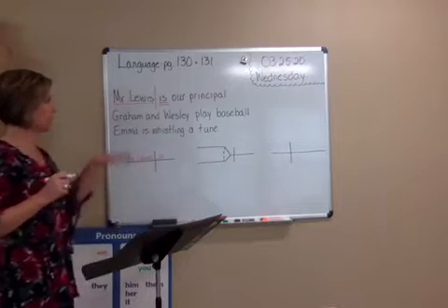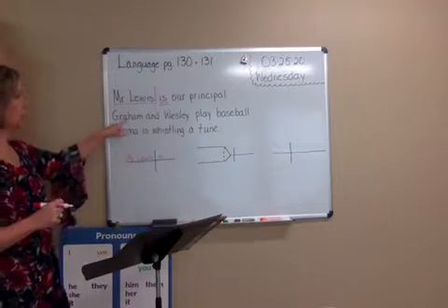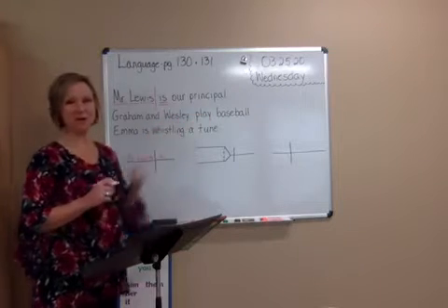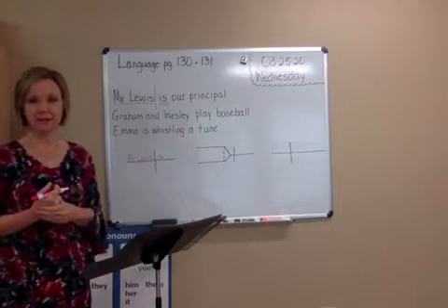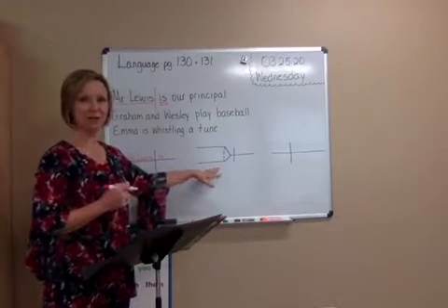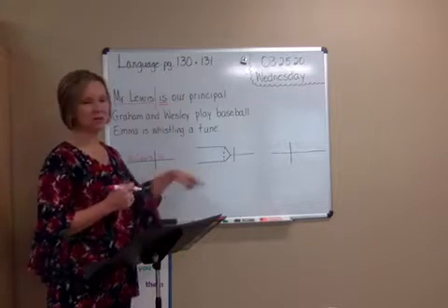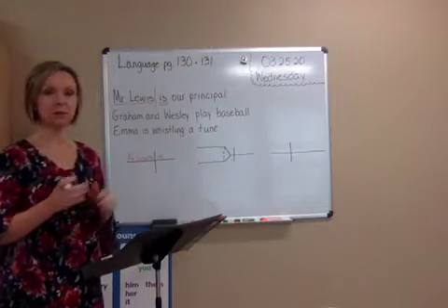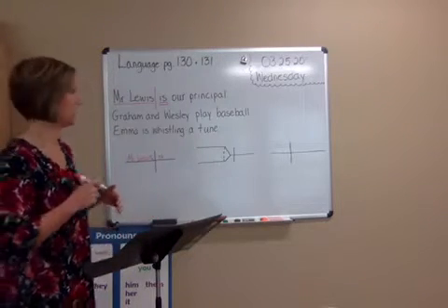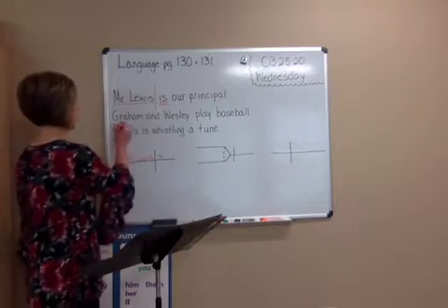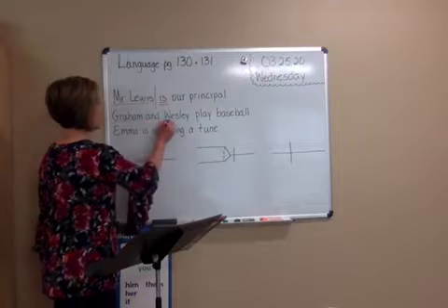Okay? Our next sentence on the board, Graham and Wesley play baseball. Now we have our little rocket ship here that we're going to diagram this sentence on, but let's first pick out our pieces that we need. So let's start with the subject. Obviously, Graham, Wesley.